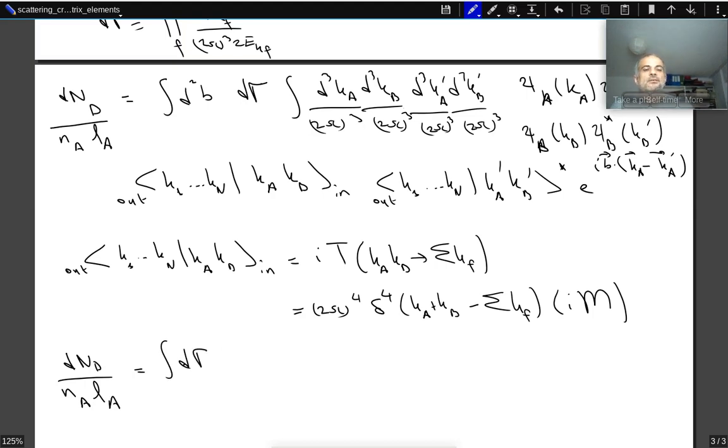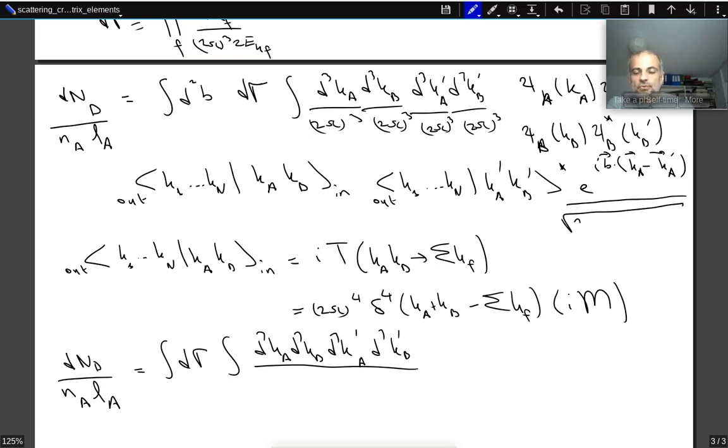I will just put one integral sign, and then I have d cubed ka, d cubed kb, d cubed k prime a, d cubed k prime b, divided by, also here I forgot to write, due to the normalization of these ka and kb states, 2E ka, 2E kb, 2E k prime a, 2E k prime b.